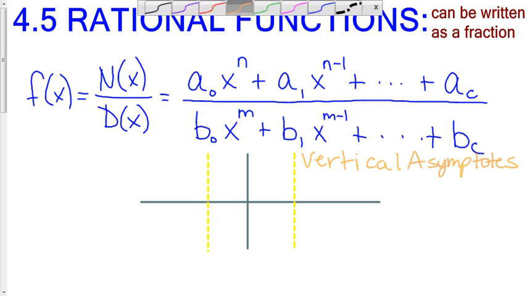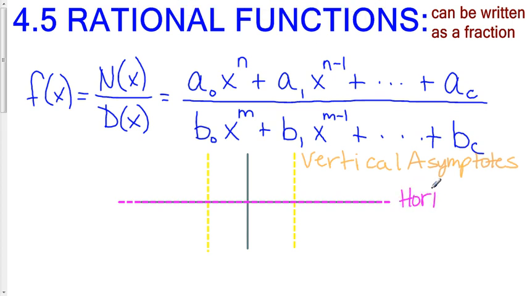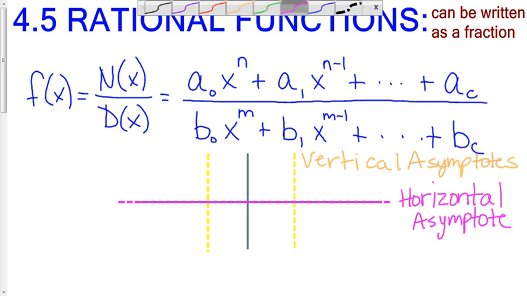You could also have a horizontal asymptote, and on occasion there might be one that is called a slant asymptote.